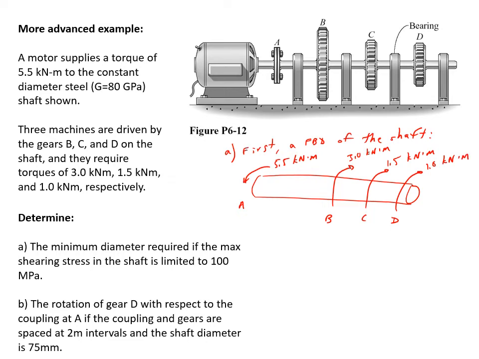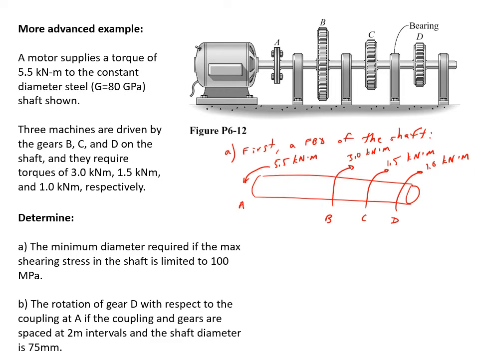And in order to do the analysis properly, we need to know what is the torque at any given location on the shaft, all right? And just by looking at these torques right here, it's not necessarily super clear, right?